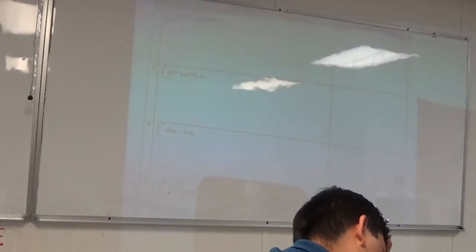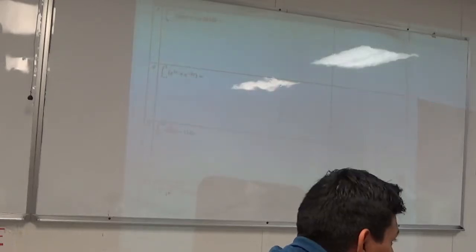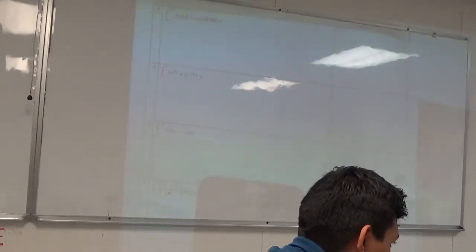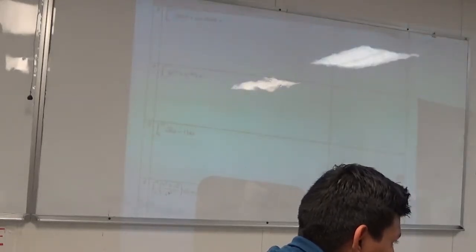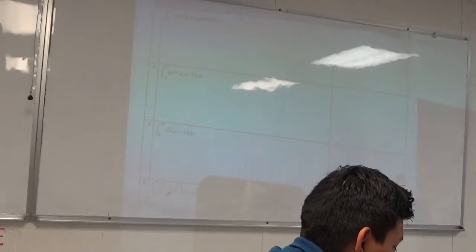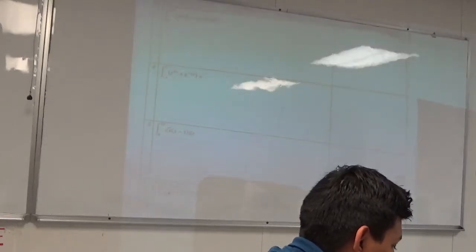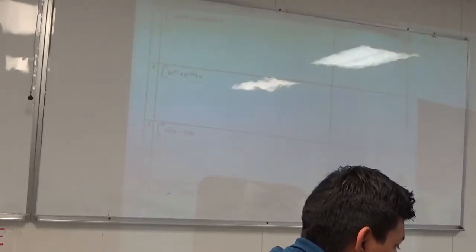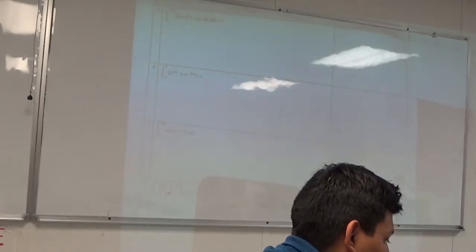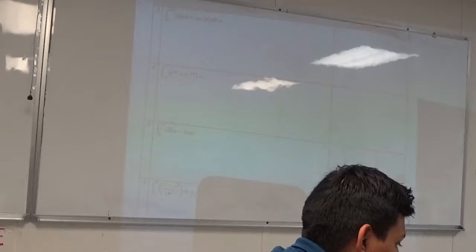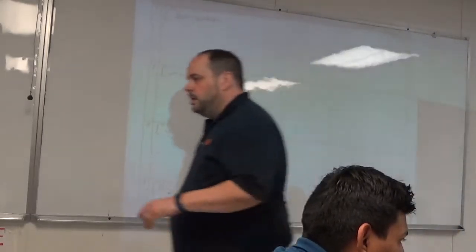What is that? 5 minutes, next one is the sine of 2 theta. American. K is a constant, 2 is a constant.